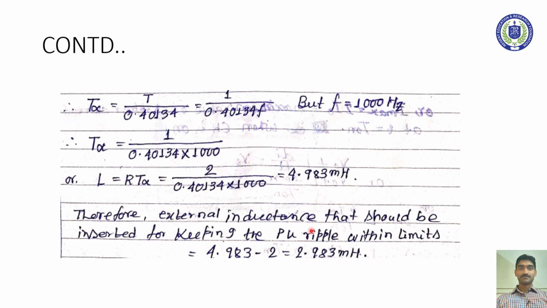Therefore, the external inductance that should be inserted for keeping the per unit ripple within the limit is 4.983 minus 2, that is 2.983 millihenry. This is the amount of inductance we require in order to limit the ripple of the circuit.